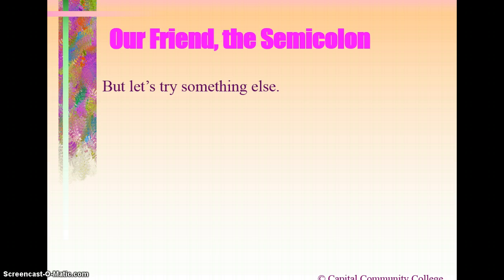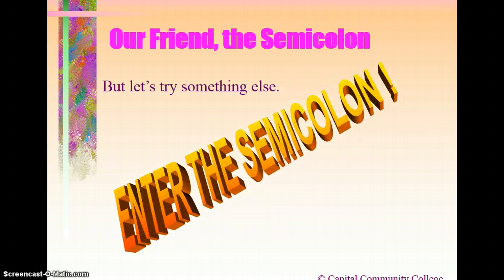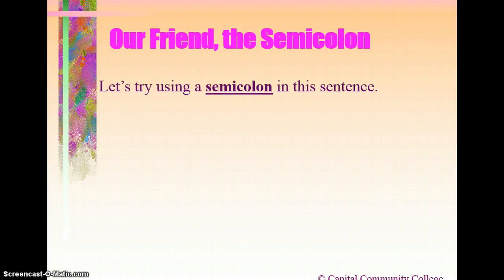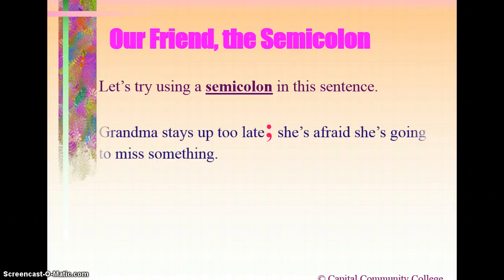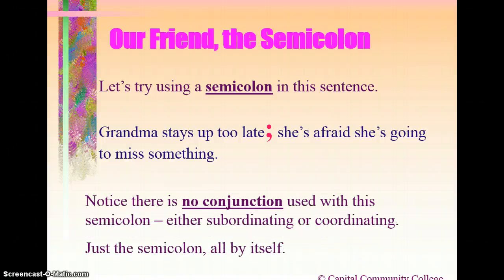However, we can use a semicolon as well to solve this problem. So let's try using a semicolon here instead. Grandma stays up too late, semicolon, she's afraid she's going to miss something. There's no conjunction here, just the semicolon.